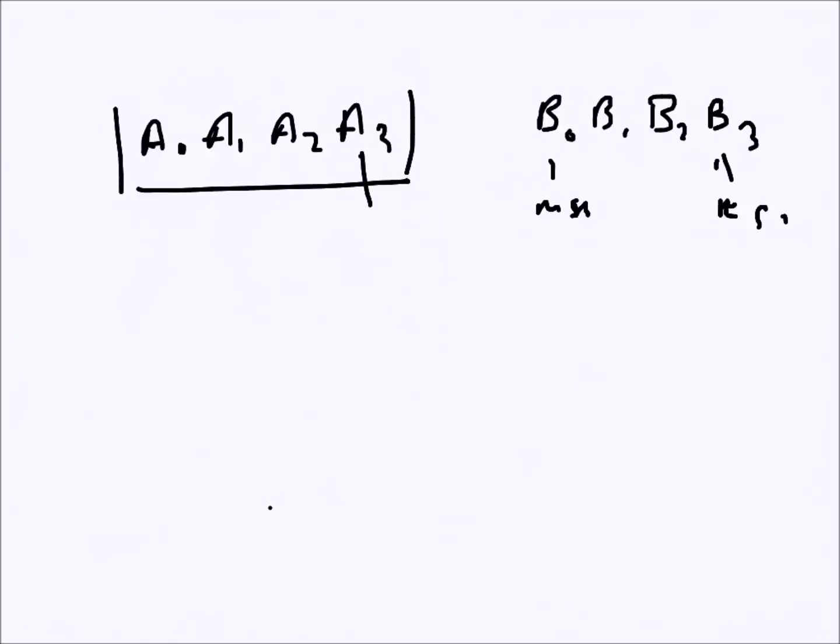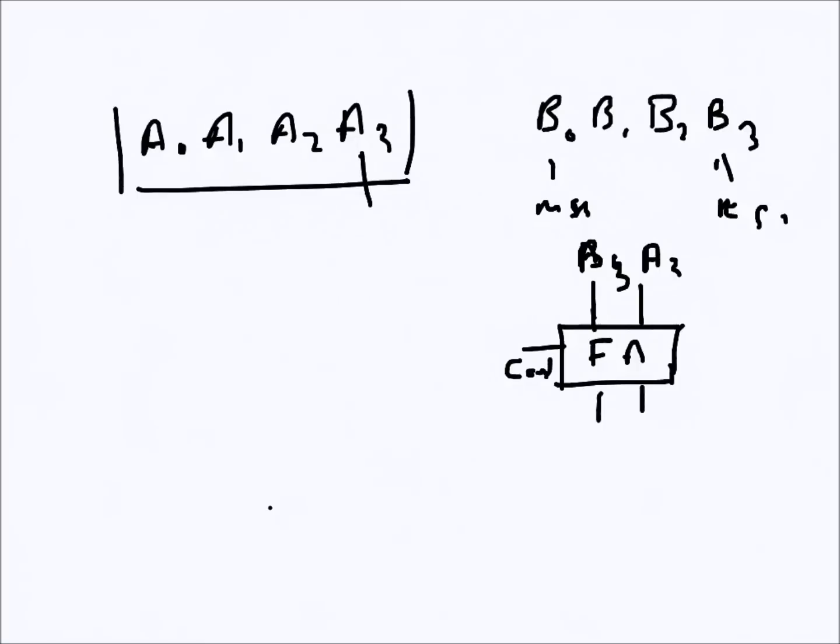So basically the connection will be something like that. If I have a full adder here, I will just draw in block. So I have a full adder, with A3 and B3, and this is giving a sum 3 and a carry out. This carry out will go as carry in. Here carry in will be 0 for the first stage.